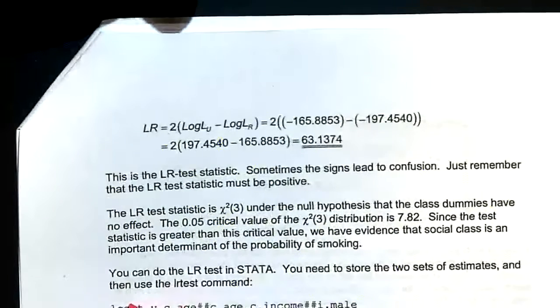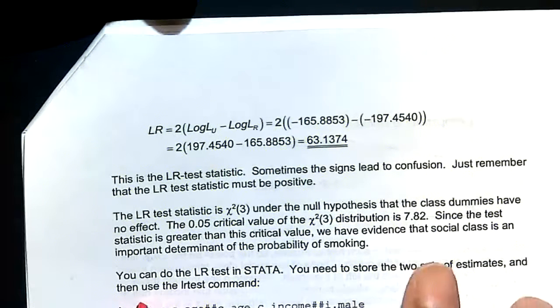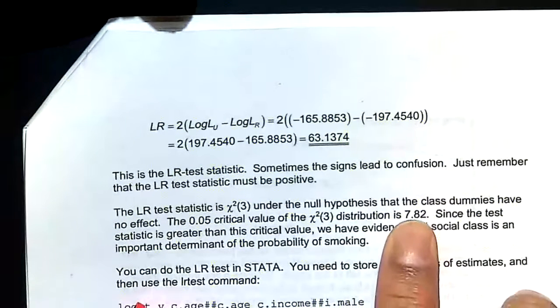So we're saying that these dummies have no effect, and those are 3 restrictions, and the critical value is 7.82.